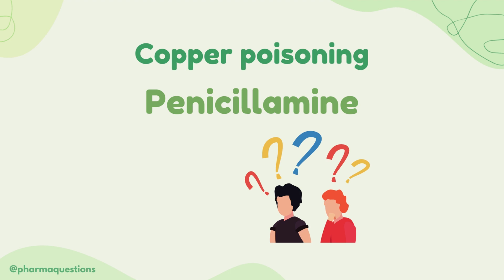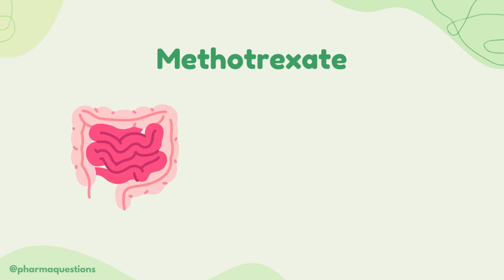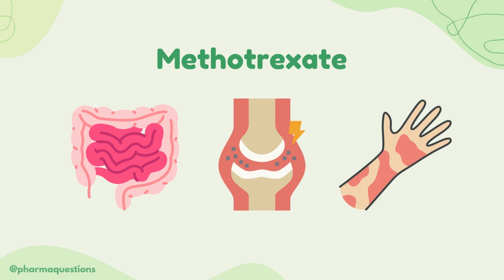The next drug we'll take a look at is methotrexate. Methotrexate is used for a number of different indications such as Crohn's disease, rheumatoid arthritis and severe psoriasis, and it has a few different mechanisms of action.